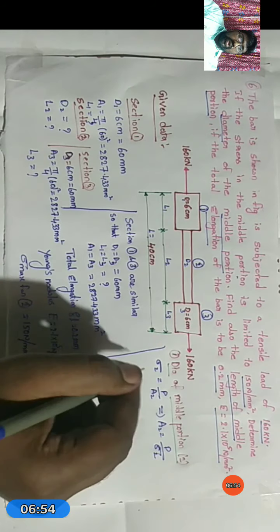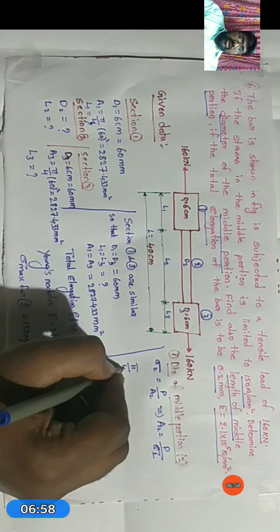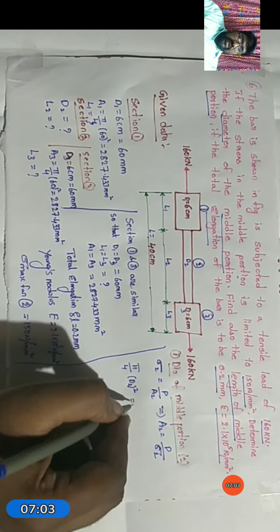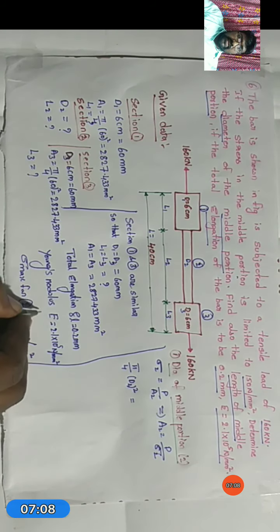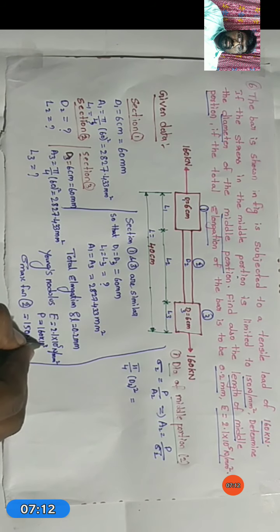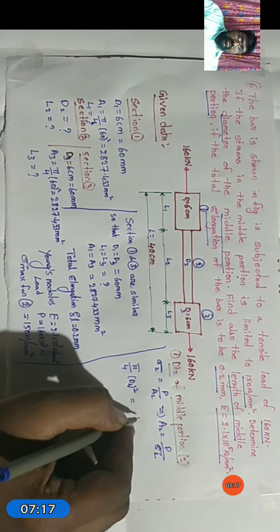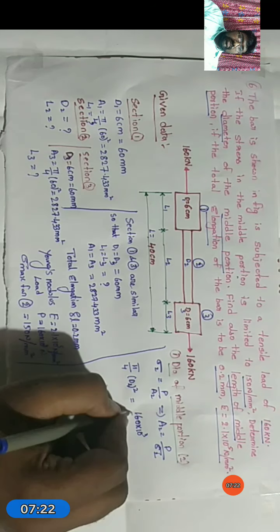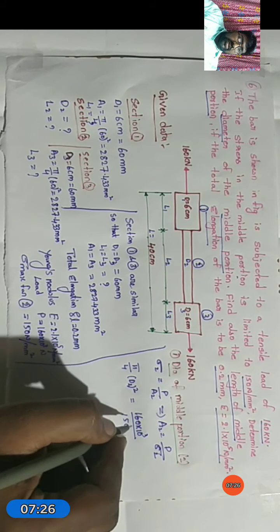We know that the load acting on the material is 160 kilonewtons. We know that area is pi by 4 d2 square, that equals P, which is 160 into 10 cube, by sigma 2, that is 150.